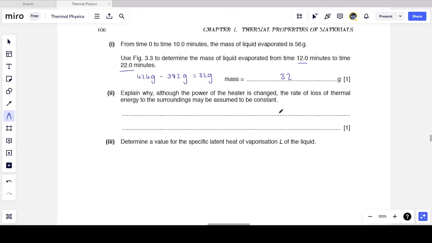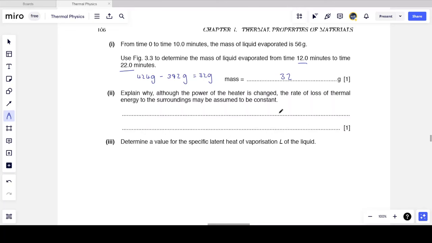We're then told to explain why, although the power of the heater has changed, the rate of loss of thermal energy to the surroundings may be assumed to be constant. So if I'm changing the power of the heater, I'm changing how much energy I'm giving to the liquid every second.